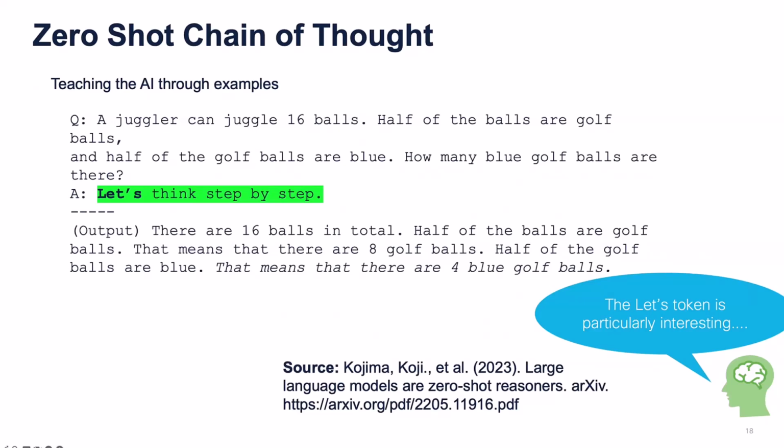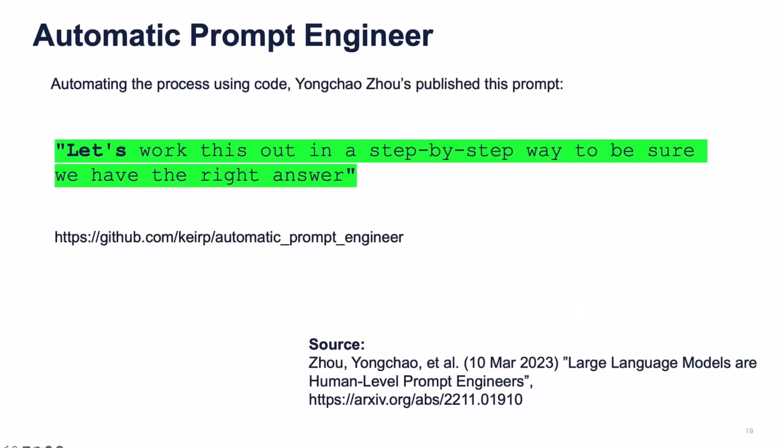And the upshot of this was it was corroborated by another piece of research by Yongchao Zhou, who used large language models as a general computer that executes programs, and he automated the task, treating it as a black box optimization problem. And he put that code on GitHub. So again, the let's token appears. So my point to all of this is really: use the let's token in your prompts.